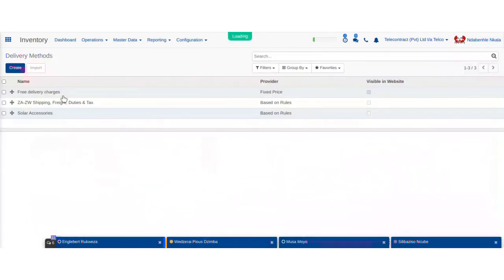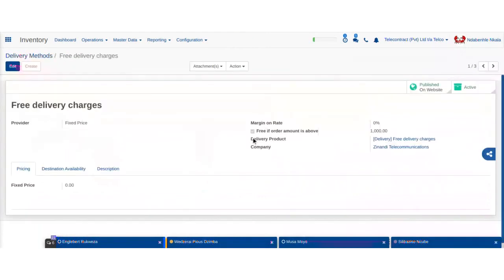There's a free delivery, or a fixed charge that we build into a product, and we specify or set the fixed charge there. So when a salesperson is creating a quotation, there'll be an option for them to select a delivery method.